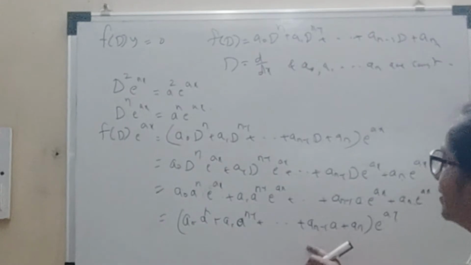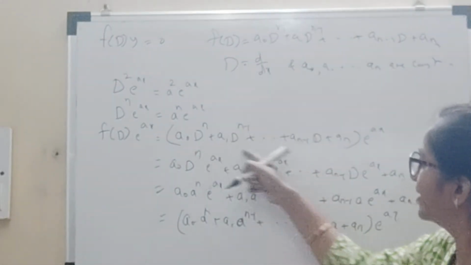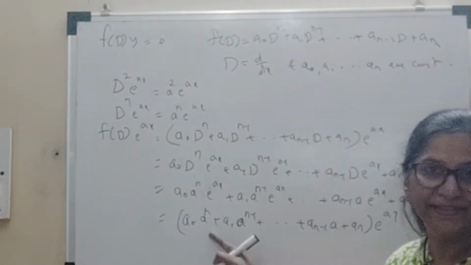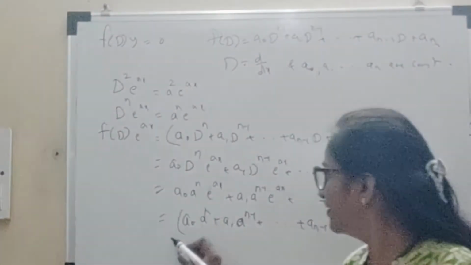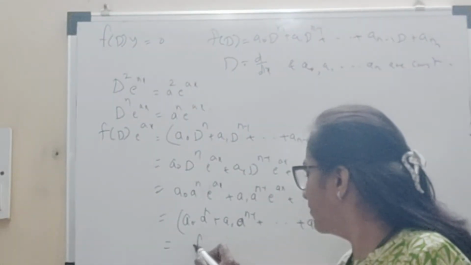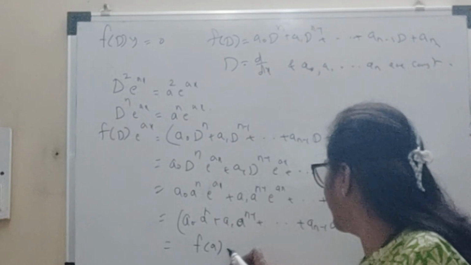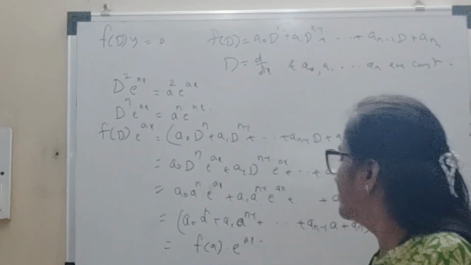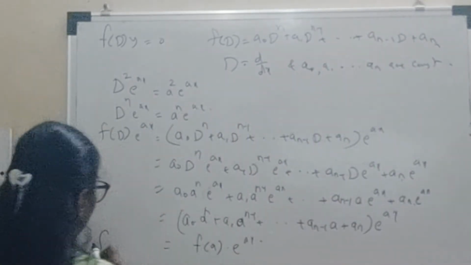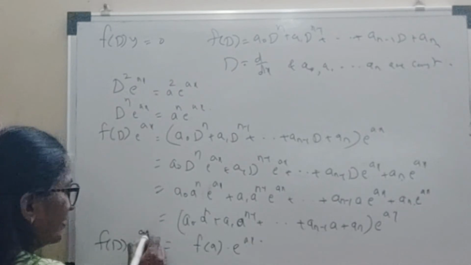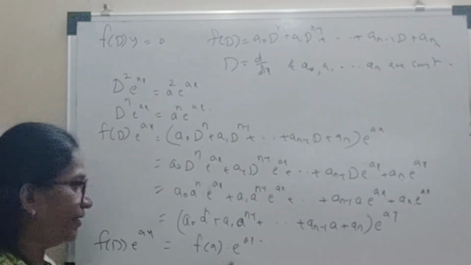So it is nothing but the same bracketed term with D replaced by a. So that is nothing but f(a) into e^(ax). So observe, f(D) operates on e^(ax) gives us f(a) into e^(ax).